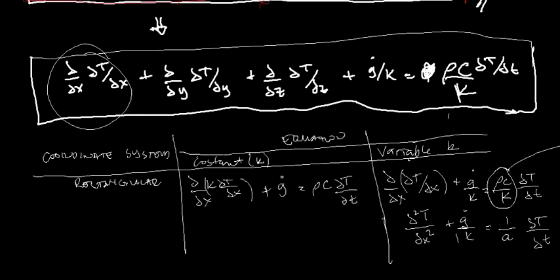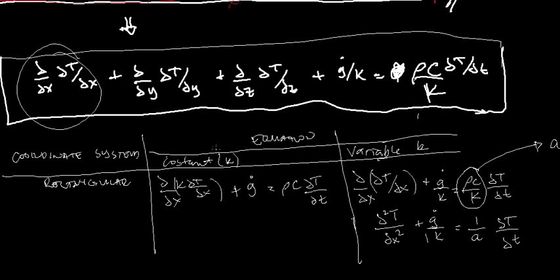So this is the expression for 1D. And of course, if you have a situation that involves two dimensions, then you only add this part. And if you have a three-dimensional problem, then use these three expressions here.